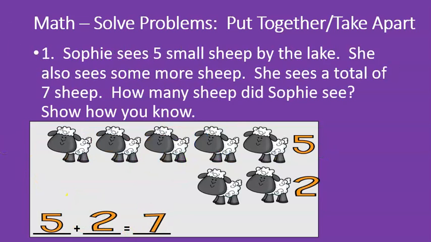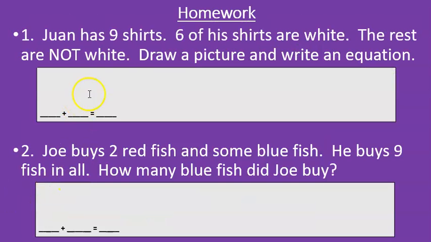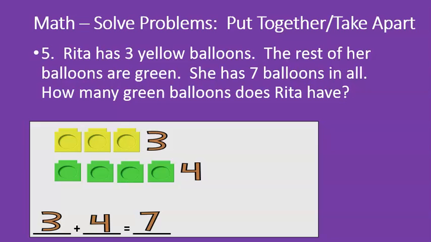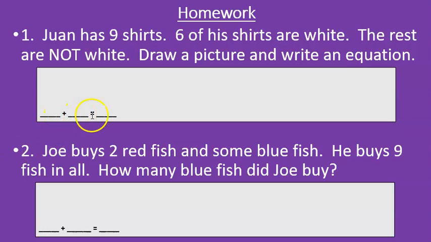I want you to do the same thing when you come upon your homework, okay? So, you're going to copy down number 1 and number 2. I want you to read the problem. I want you to draw the pictures, just like this. And I want you to give me the numbers like this, and you're going to plug them into your answers here, okay?